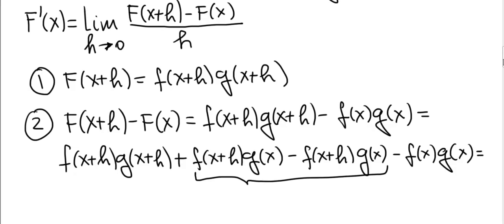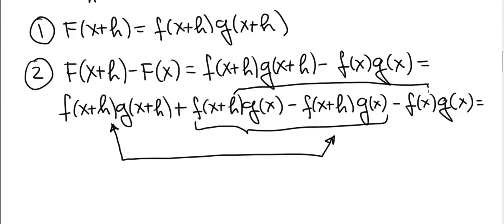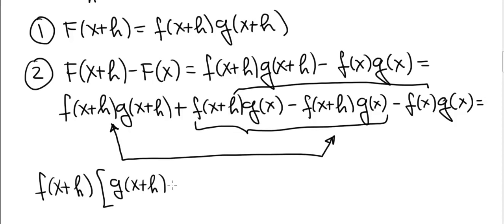But why make it more complicated? Well, the reason is we're going to take the first term and the third term, and then take the second term and the fourth term and combine them. Notice that the first and the third term have f of x plus h in common, and when we factor it out, we have g of x plus h minus g of x left.